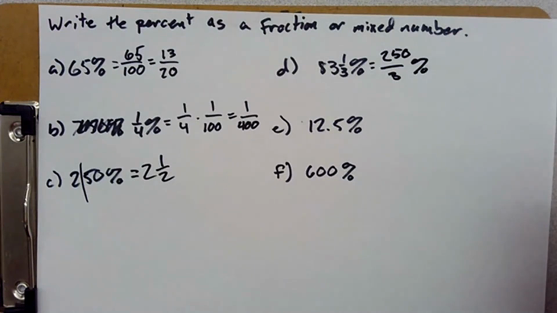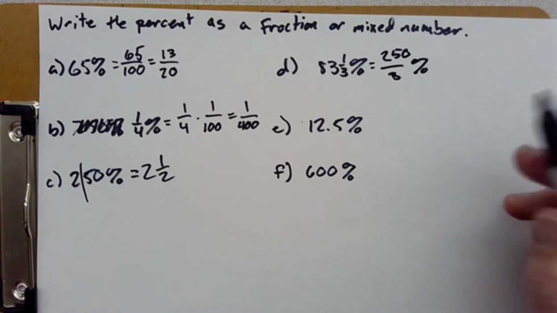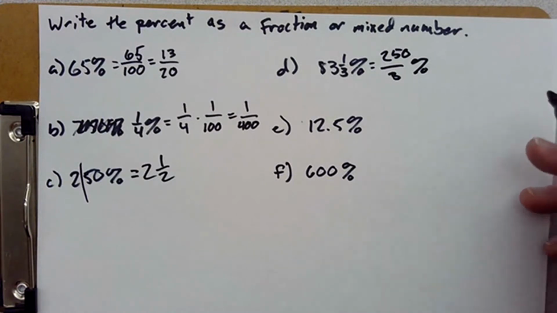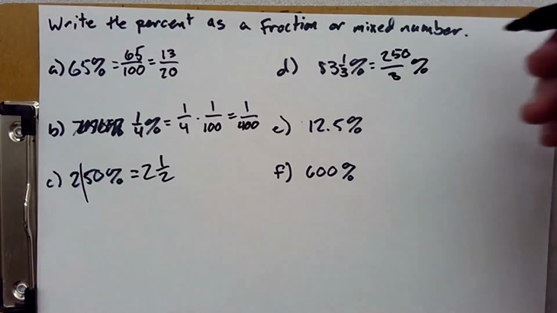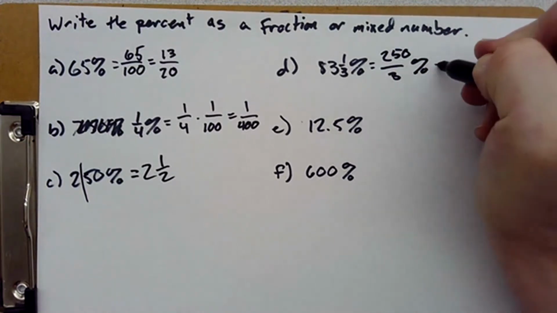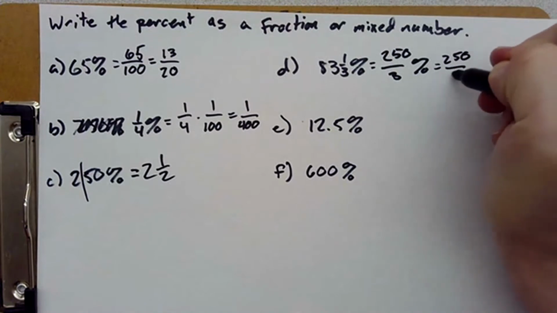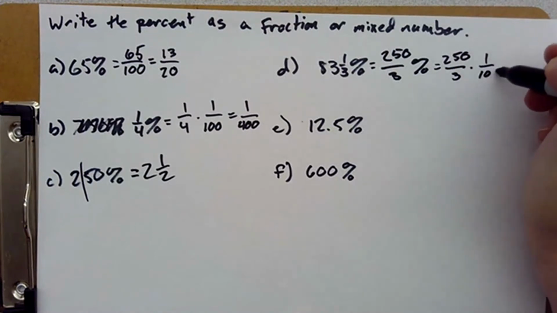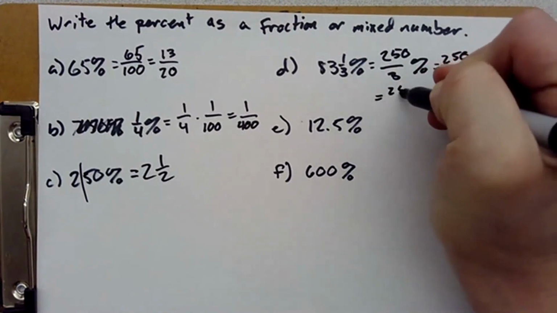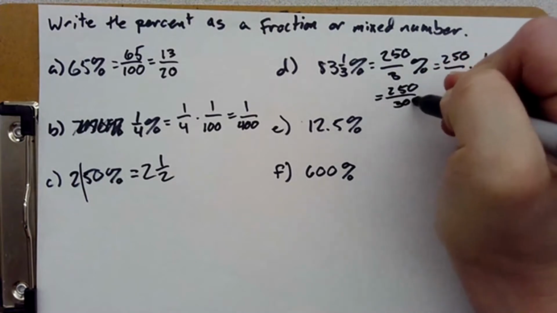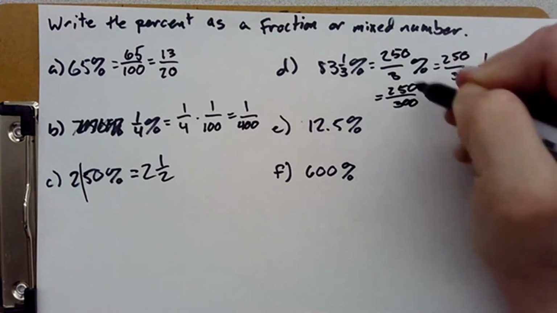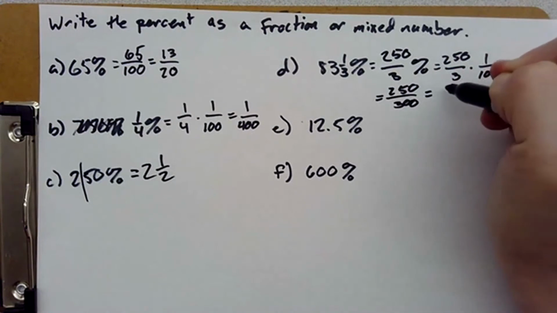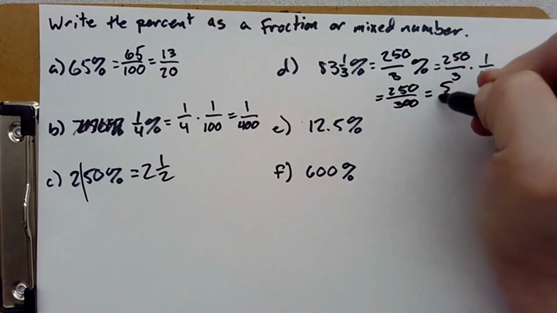Well, we're taking that much of 1/100th. So we can just say 250/3 times 1/100th is 250/300. And then we can divide both numerator and denominator by 50 to get 5/6.